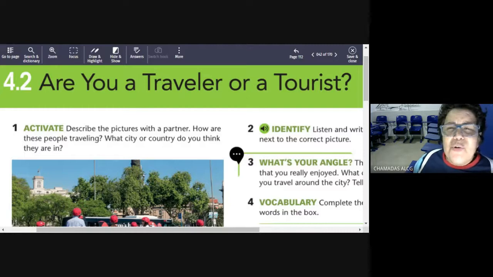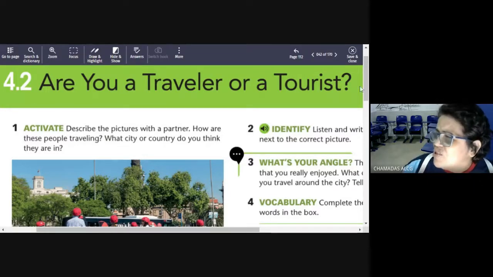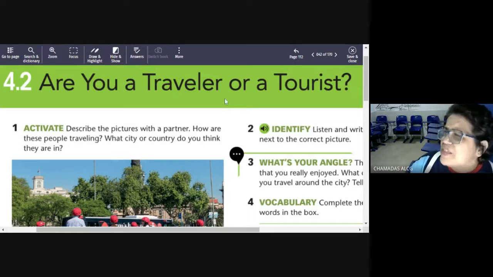The tourist only goes to the main cities and is always worried about shopping, taking pictures, sightseeing. And it's usually in a hurry because when you travel as a tourist, you have a series of things to do and you don't have enough time. So that's the basic difference between a tourist and a real traveler.